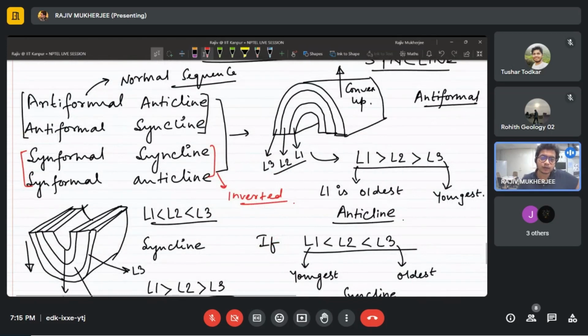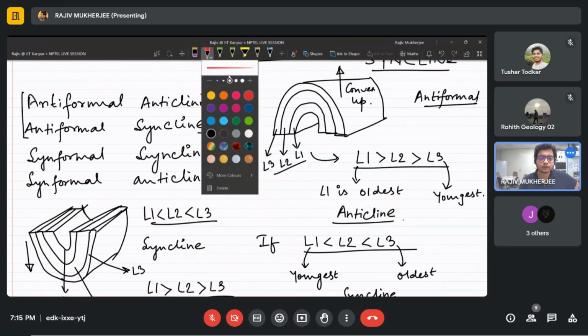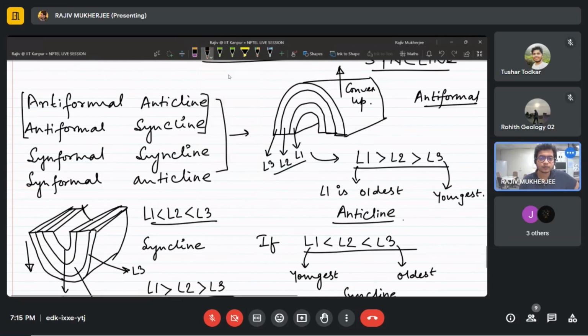Sorry, I wrote wrongly. Let me correct it. So these two are actually not the correct sequence. So this one and this one, they are normal.